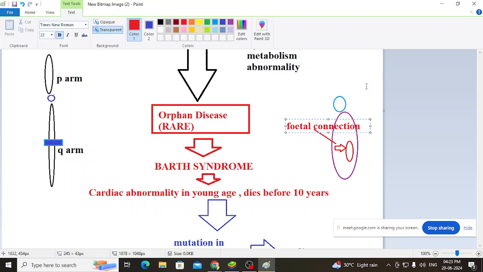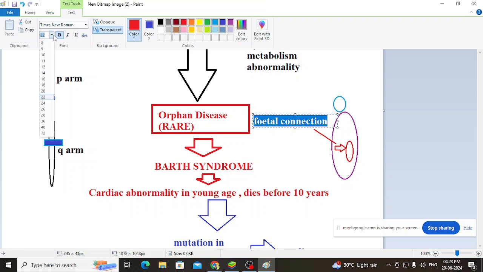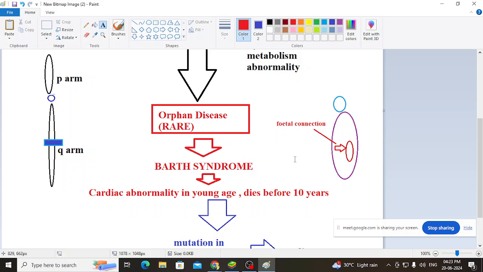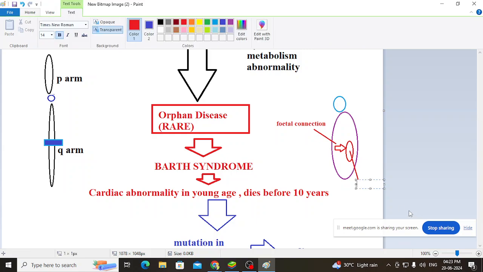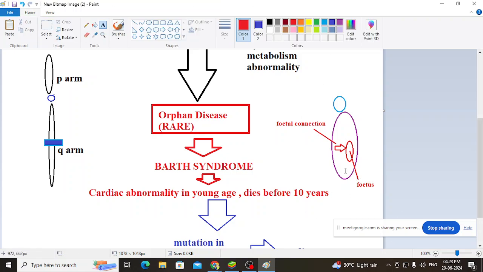So what happens due to the mutation? All the other things will be okay, but there will be a major heart problem in the fetus, and within 3 weeks of pregnancy the fetus will die. Or if the fetus is born, it will die within infancy.